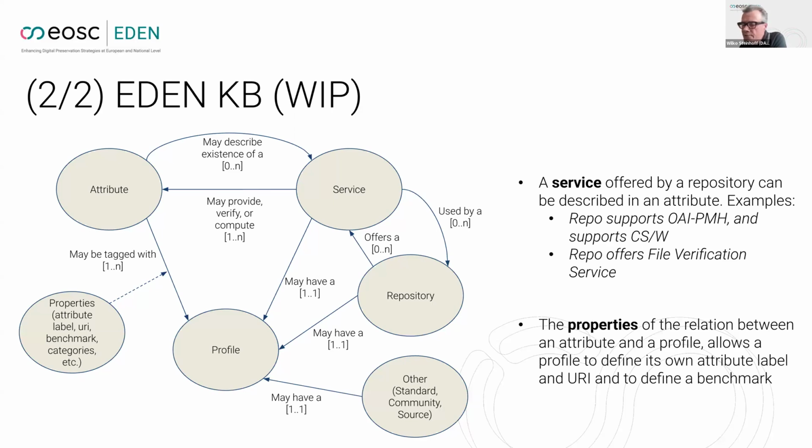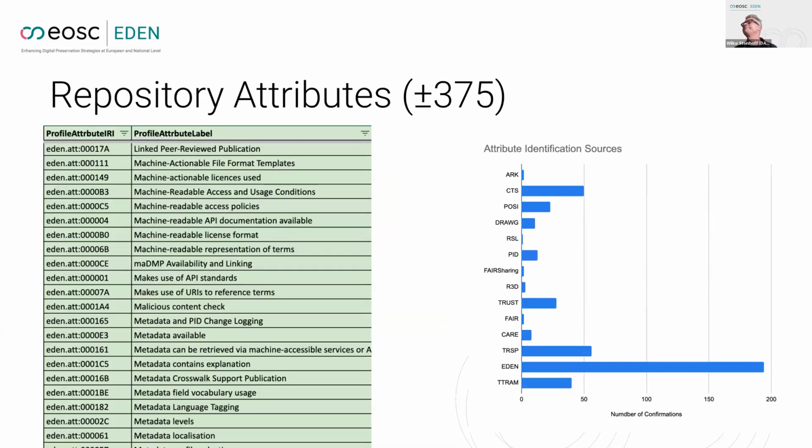But we should be able to say, okay, for instance, we have a PMH endpoint and it supports version 2. Then this can be tested or benchmarked later on to say that you are supporting a certain profile, that you meet the criteria of a certain profile, I should say.